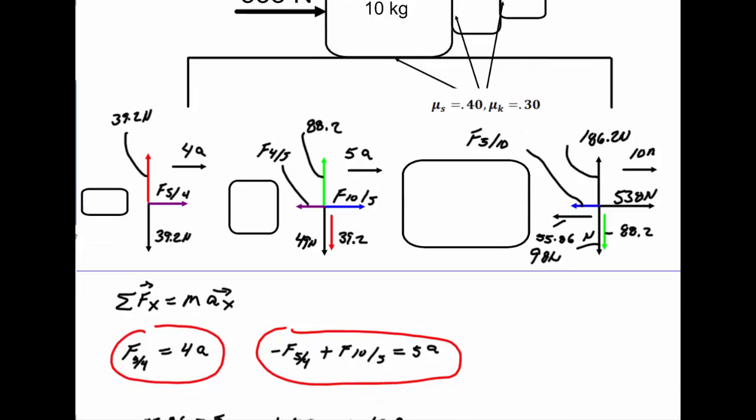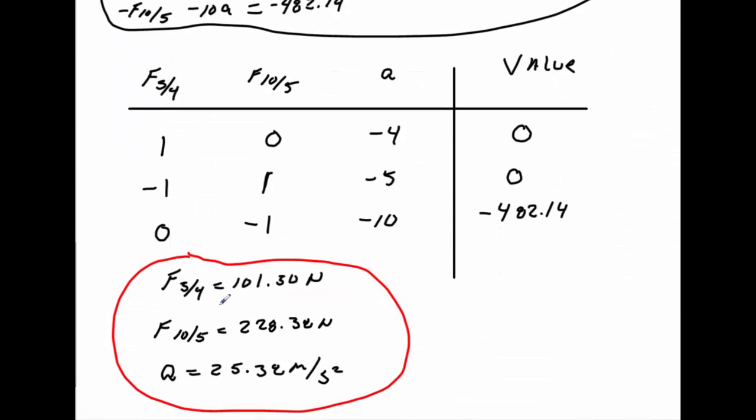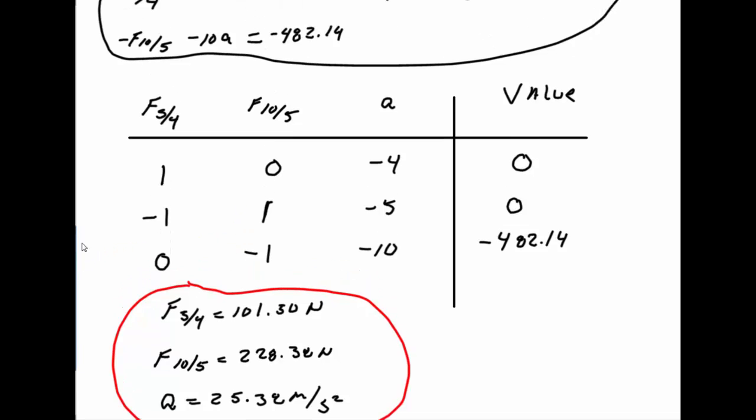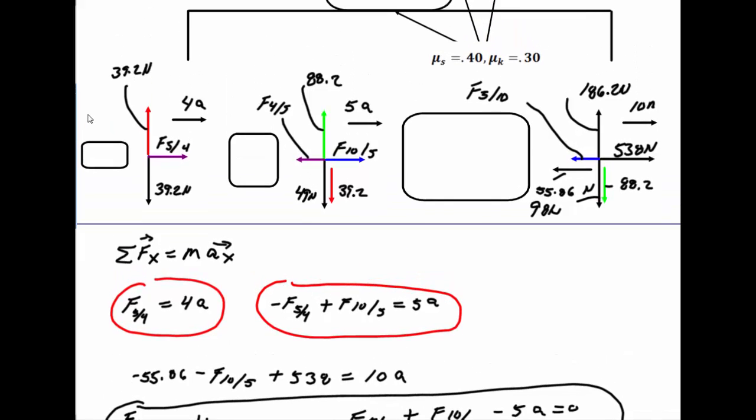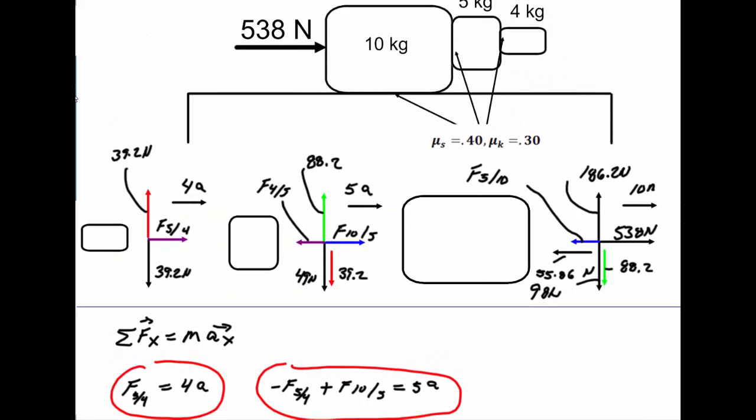If I take the force that we have here, 101.5, and multiply it by the coefficient of static friction, 0.4, I get a value of 40.6 as the frictional force. The thing you have to be careful about: do not make that frictional force 40.6. That frictional force can only be the mass times the gravity going down.